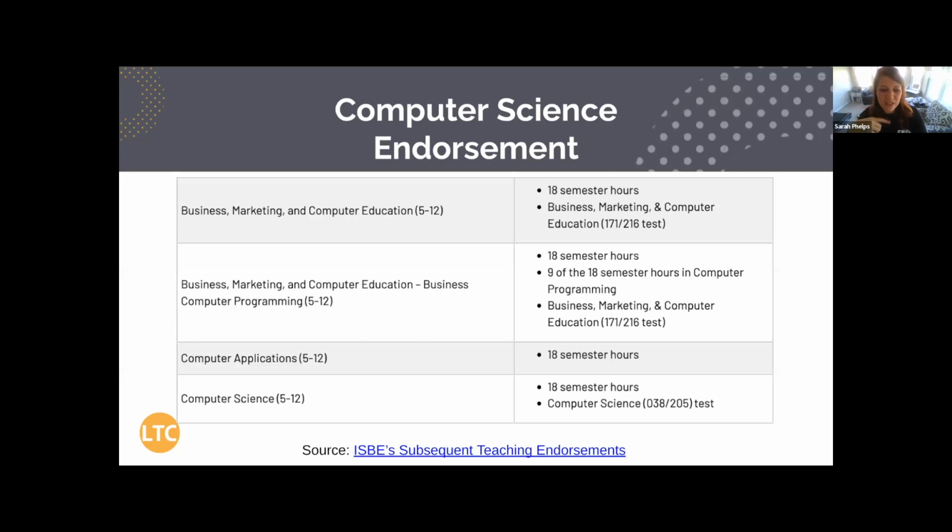I was actually talking to Jessie Irvin, who is the principal consultant for computer science for ISBE, and she said that is where they direct people if they're interested in becoming endorsed to teach computer science. Computer applications is a great starting place because there is not an exam. Again, more information is linked there. This is just your high level summary.